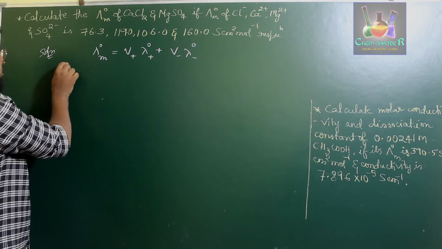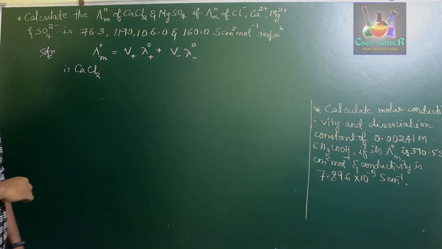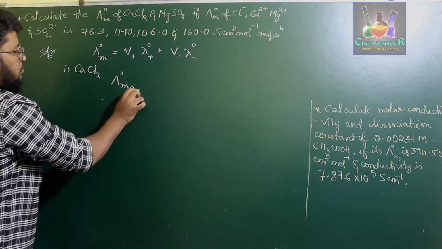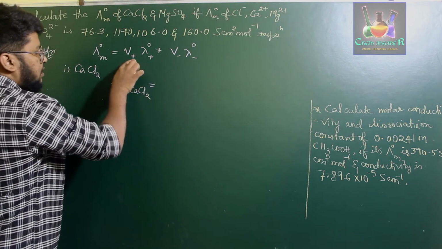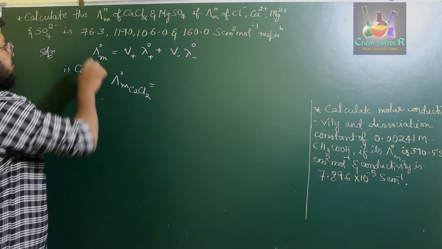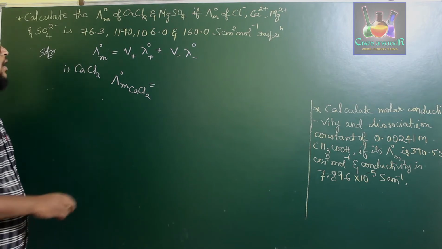Now for the first one, calcium chloride, CaCl2, we have lambda m naught of CaCl2 equal to, so the number of calcium atoms is 1. We are using one calcium atom. This is a 1:2 type of electrolyte.